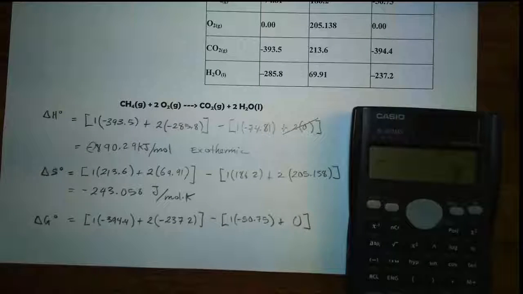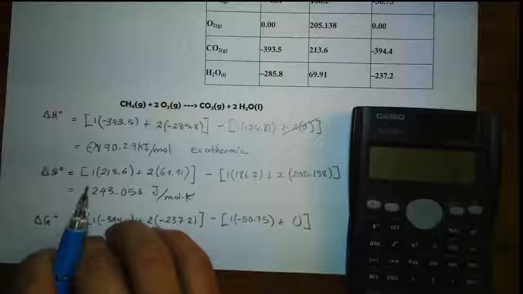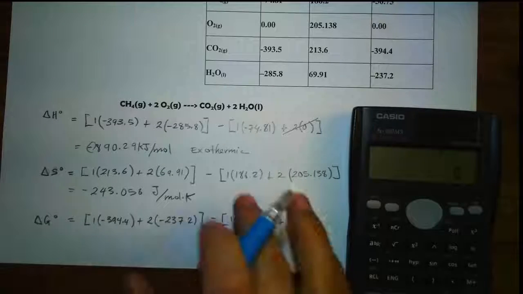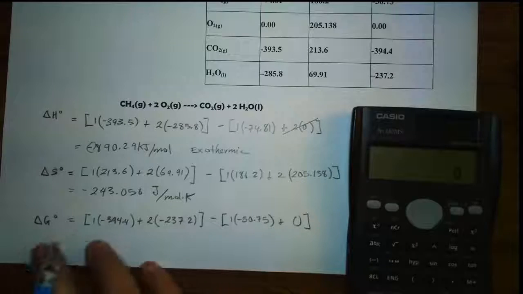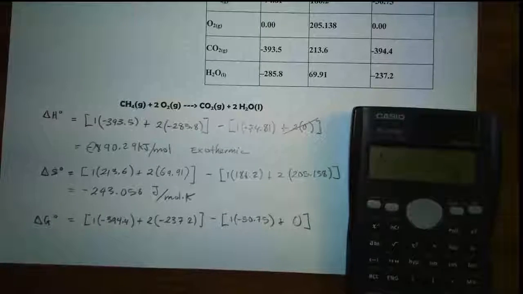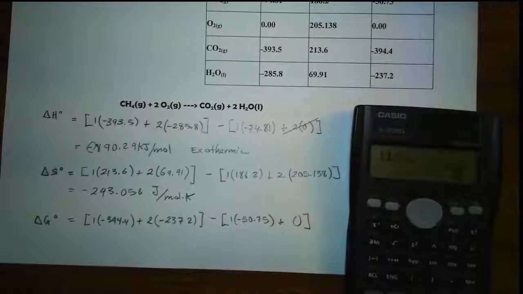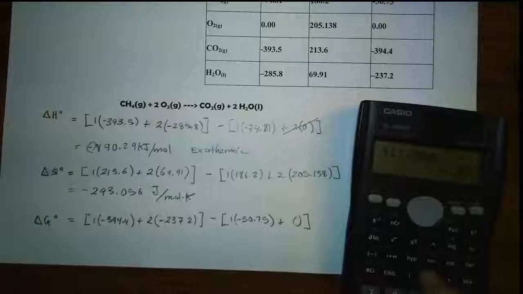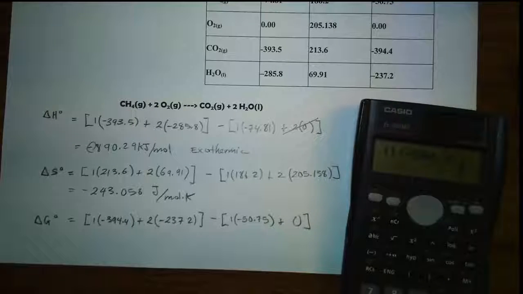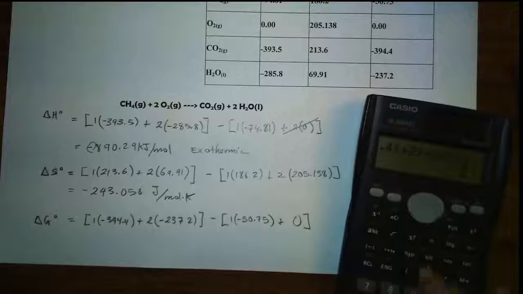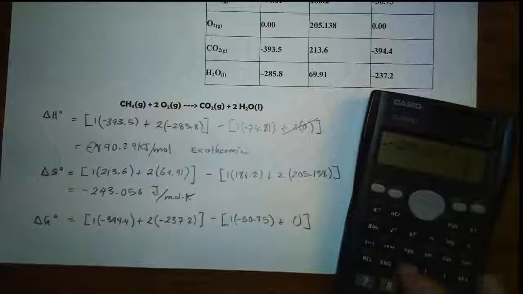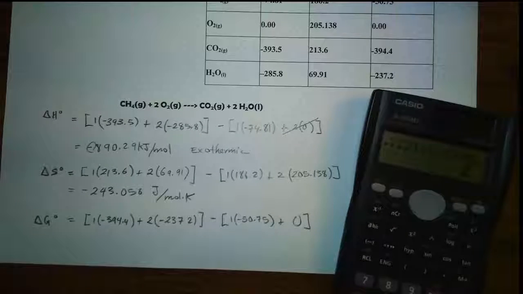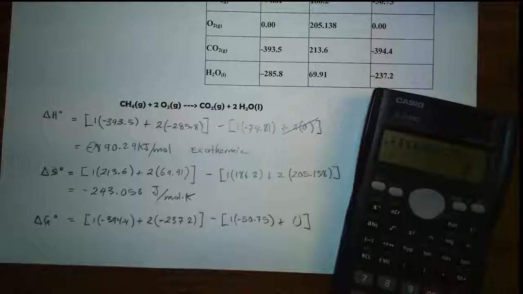Now let's plug everything into a calculator. Remember that bracket represents parentheses. Or if you like to do it the long way, you can simplify them one by one, your choice. But I like to plug them all at once. So parentheses 1, negative 394.4, plus 2, parentheses negative 237.2, parenthesis, and parenthesis again, minus, parenthesis, 1, negative 50.75, parenthesis.